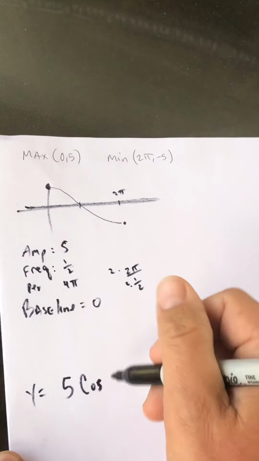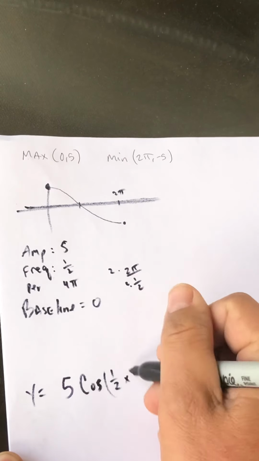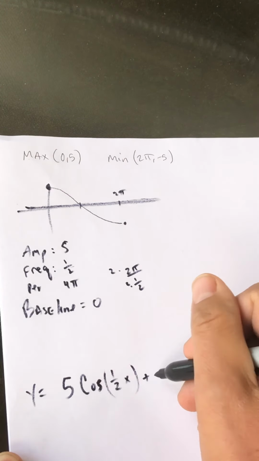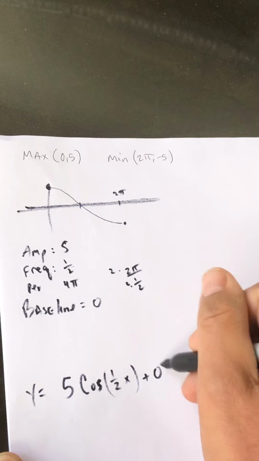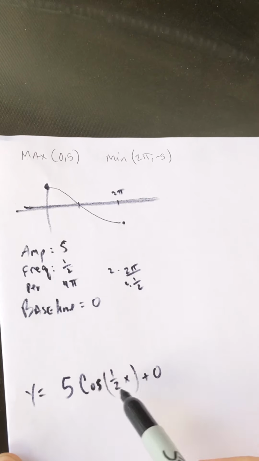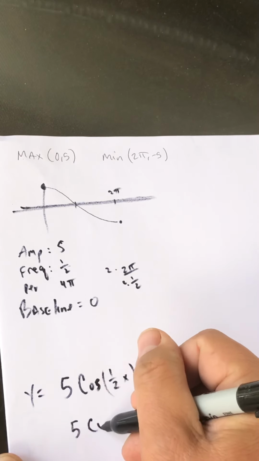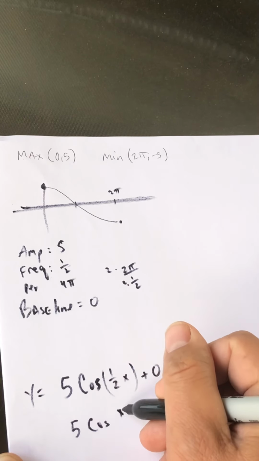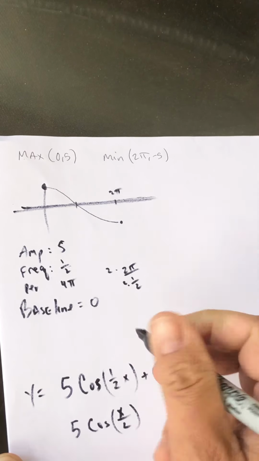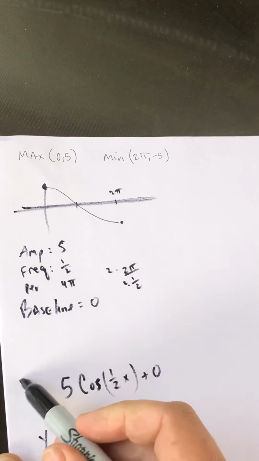So then I'm at frequency 1/2 x. Did I move it up or down? Plus 0. You don't have to do that, but so 5 cosine 1/2 x, or 5 cosine x over 2. Both are the exact same thing.